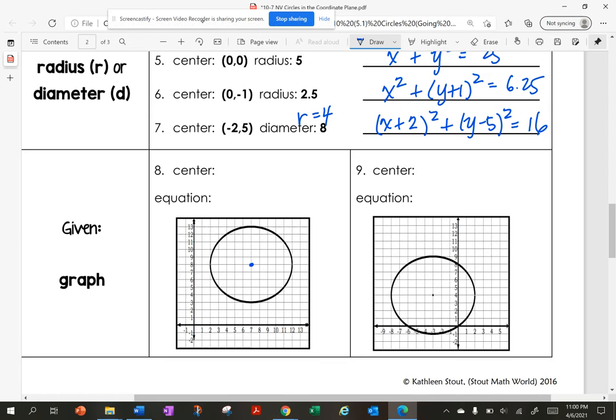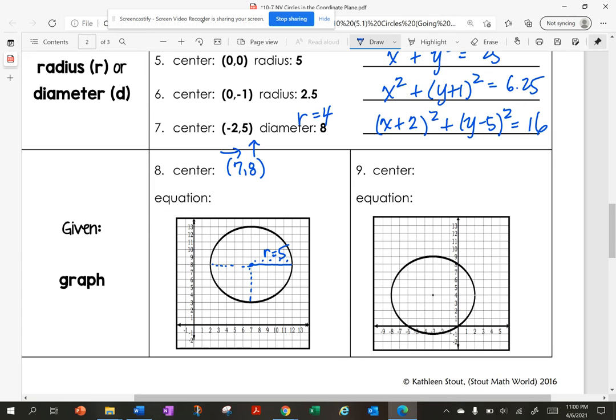So the center is at (7, 8). Okay, so I went to the right 7 and up 8. And I can see the radius. I can count the radius. So I have 1, 2, 3, 4, 5. So the radius is 5.